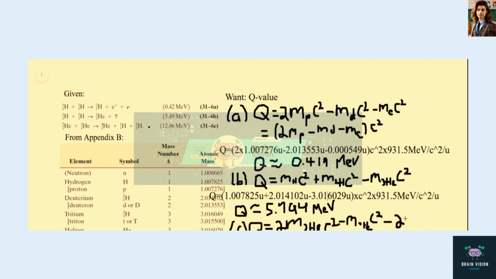So we will take the mass of hydrogen. Let's fill in the values with Appendix B.